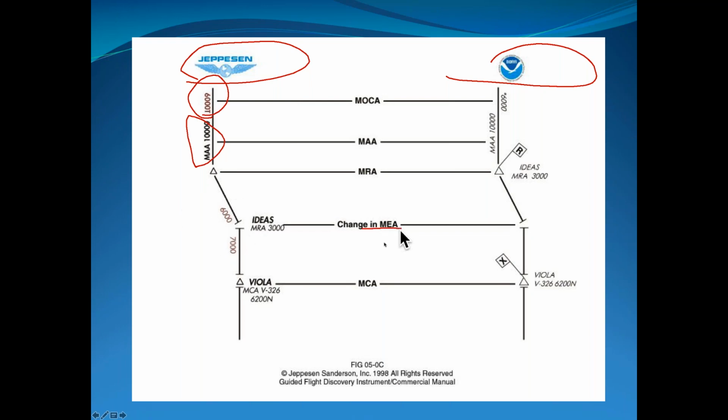Your change in minimum en route altitude will be identified with two lighter, not bolded numbers with this gap here. And then when we talk about MCAs, they'll be identified like that on the NOAA charts, but on a Jeppesen chart, you'll actually see MCA.